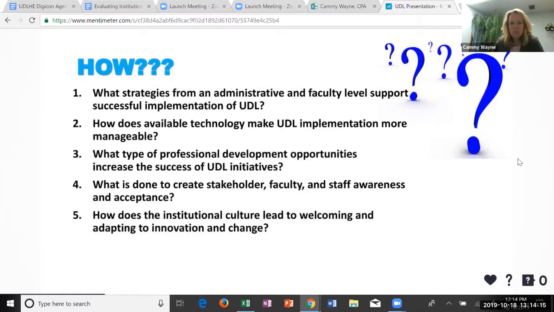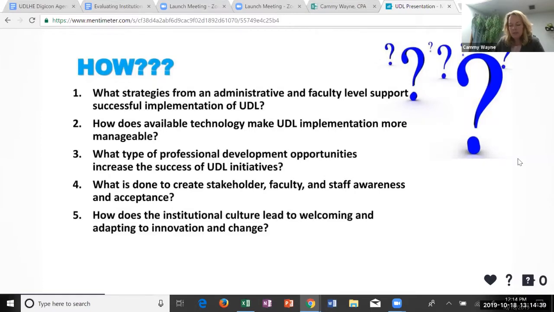First, how can administration and faculty support this UDL implementation? How does the available technology make UDL implementation more manageable? And what type of professional development opportunities increase the success of UDL initiatives?